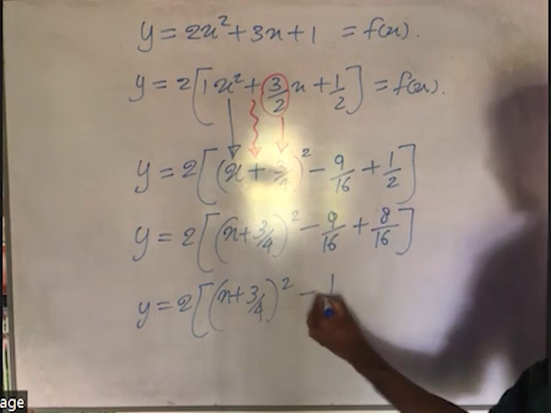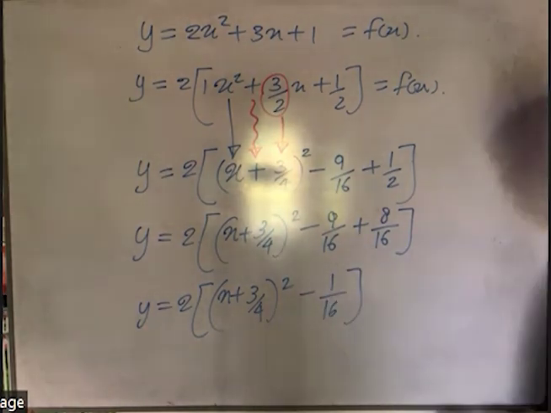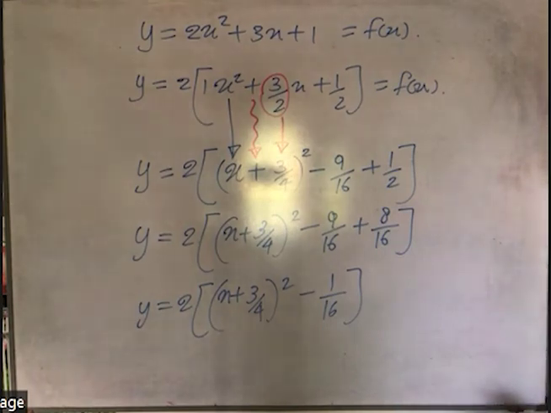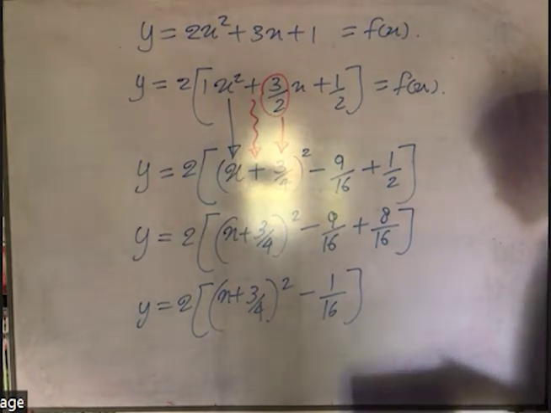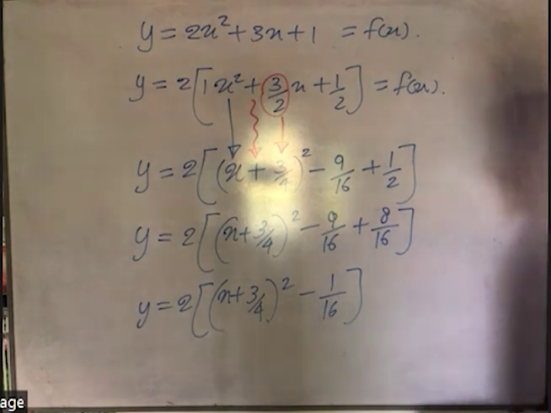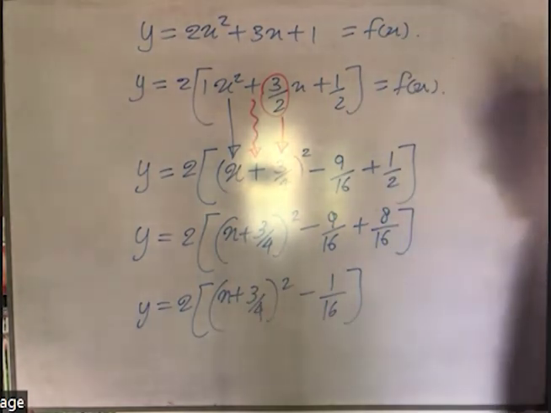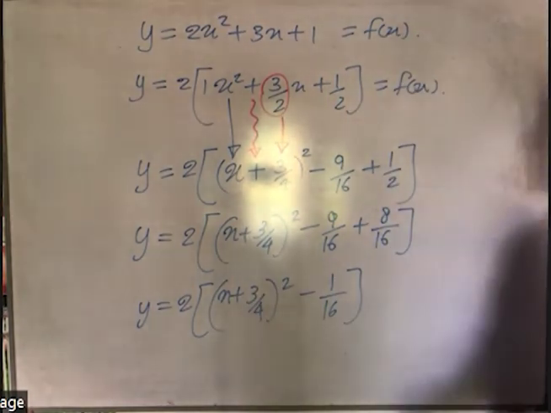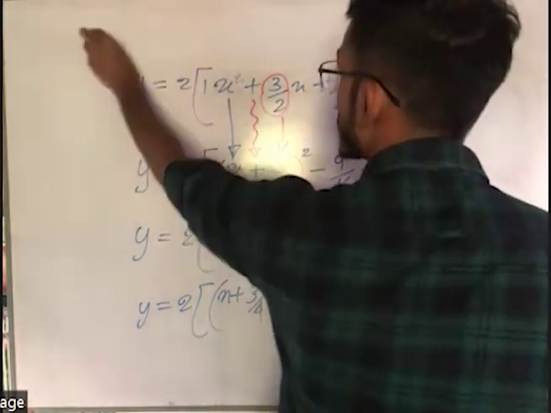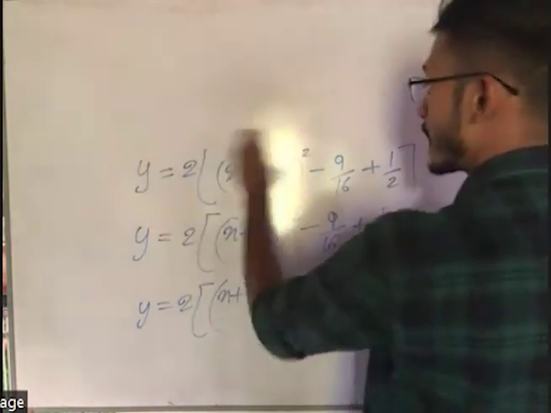That means minus 1 over 16. Right? Now we can use the difference of two squares to simplify this, right? So here we have a complete square, x plus 3 over 4 square, minus we have 1 over 16. So we can write down 1 over 16 as 1 over 4 square, right?